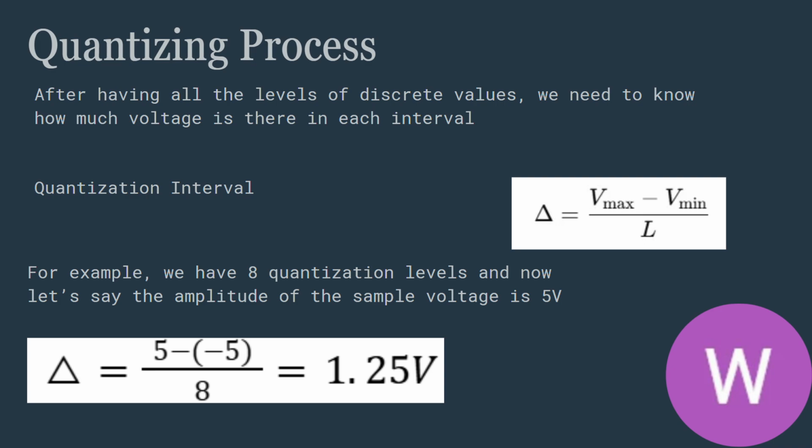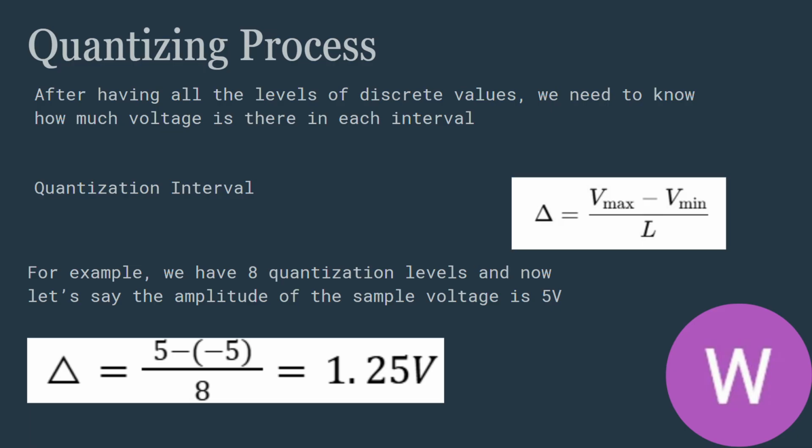And now, let's say the sample that we take from the sampling has an amplitude of 5 volt. This means that the peak to peak voltage will be 10 volt because the amplitude is 5.